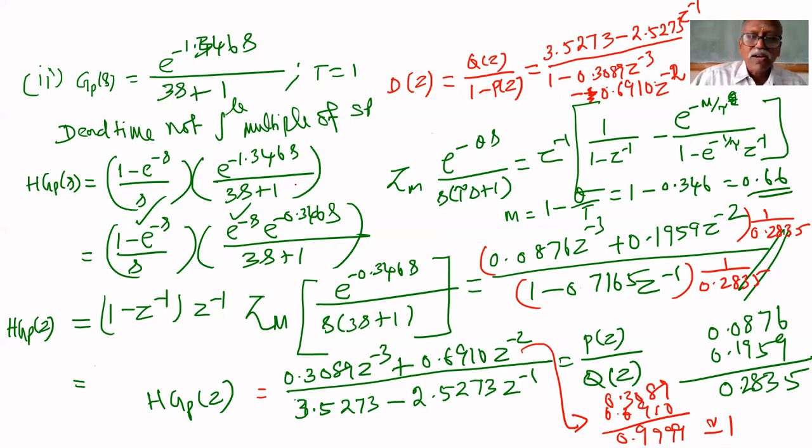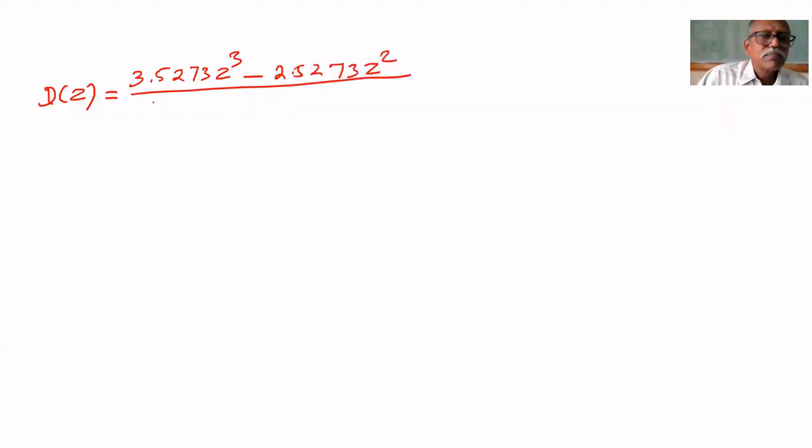If you convert this into positive powers, multiply the numerator and denominator by Z power 3, since the highest power is Z power minus 3. You will get D of Z equal to (3.5273 Z cube minus 2.5273 Z square) upon (Z cube minus 0.6910 Z minus 0.3089), the constant term.